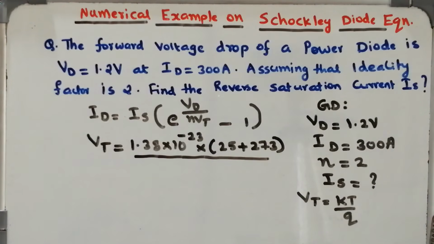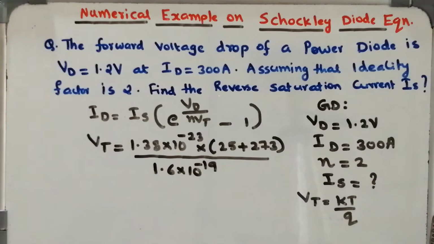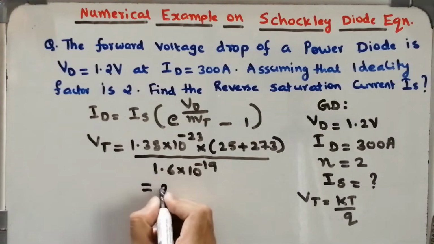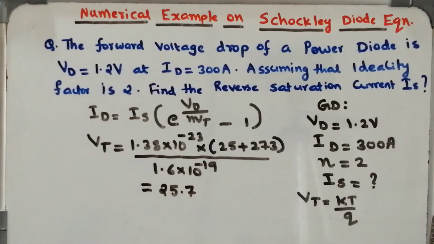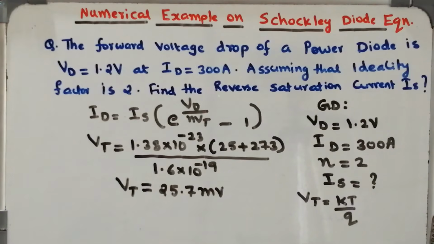Whole divided by q, the charge of one electron, which is 1.6 into 10 to the power minus 19 coulomb. So I will be getting Vt is equal to 25.7 millivolt. You can note down the value of Vt.